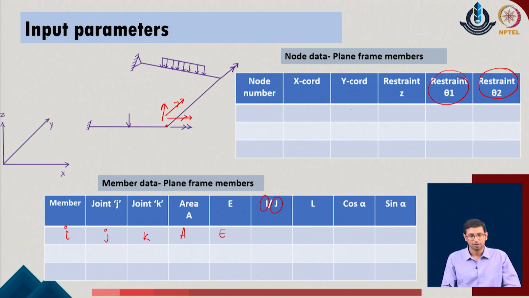As we said, when twisting is taking place in the given member, if this is any given member and the moment corresponds to the twisting components, we require the second moment of area about this axis x of the given system. You can call it either Ixx, or we define it as the polar moment of inertia or J in the given system. In the same manner, when the flexure is taking place about the second axis y of the given problem, the member will typically like to bend in this way.